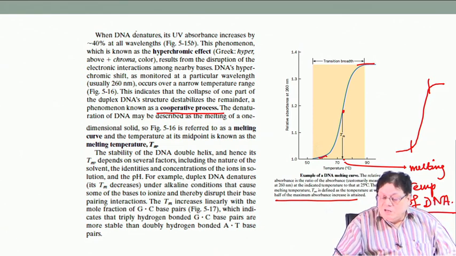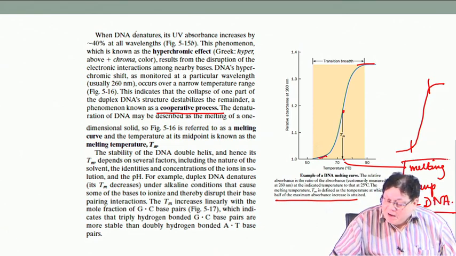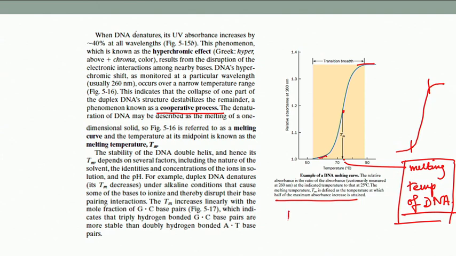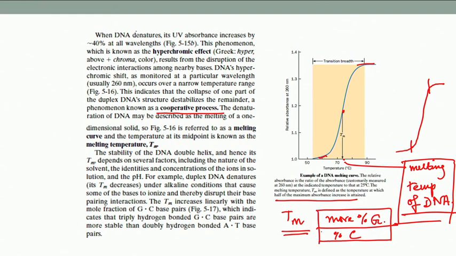Now, the question is, what are the factors on which melting temperature depends? What are the factors on which Tm depends? Obviously, if you have a DNA where there is more percentage of G, that means there is more percentage of C, that means there are more of these 3 hydrogen bonds between G and C. So, if you have more G content, you have more C content.